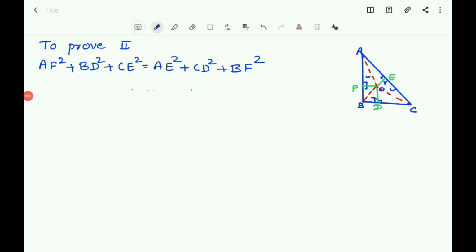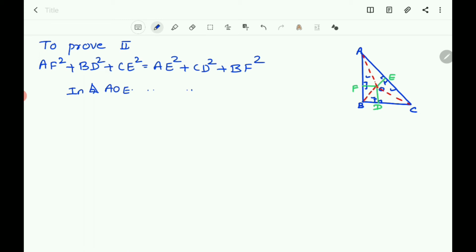Now let us prove the second one. What do I have to prove here? AF square plus BD square plus CE square is equal to AE square plus CD square plus BF square. Here we must apply the Pythagoras theorem to all the 6 right angle triangles. So you take the first one. AO is the hypotenuse of 2 right angle triangles, AFO and AEO.